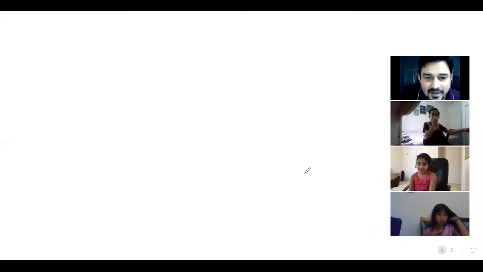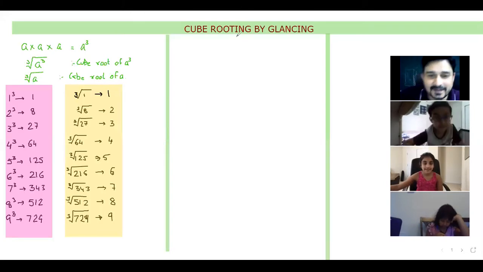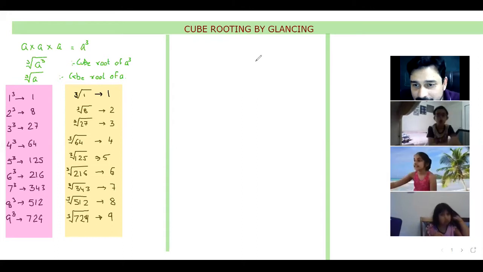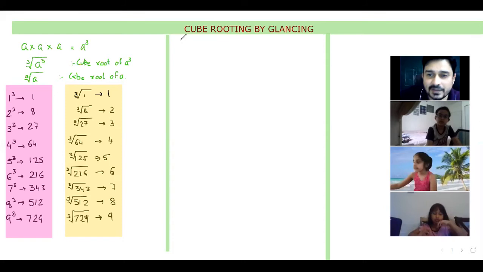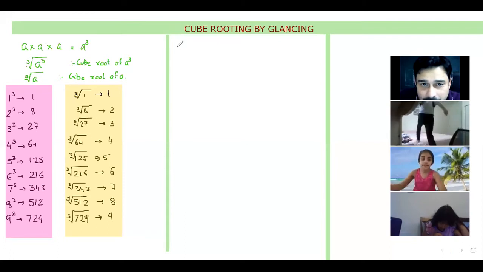This is good. Now we will play a very simple game. You have a calculator with you. If you can arrange it quickly, then please arrange.